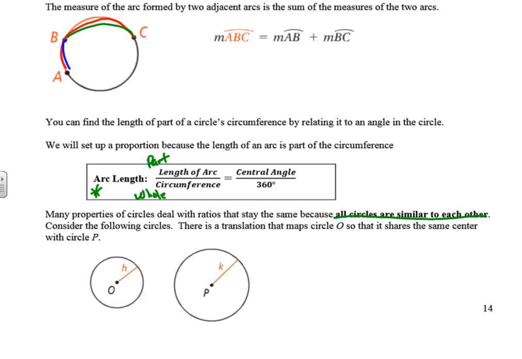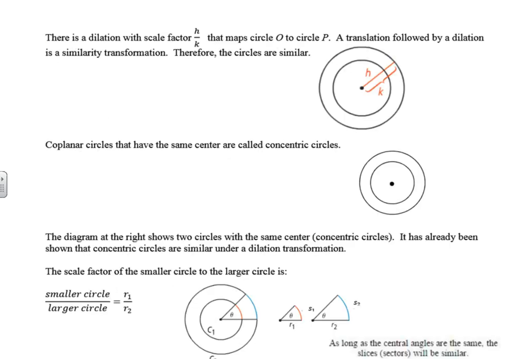And if it shares the same center, then we can dilate it with the scale factor of H over K. Remember from our dilation conversation that it's always the image over the pre-image. So a translation followed by a dilation is a similarity transformation. Therefore, the circles are similar.